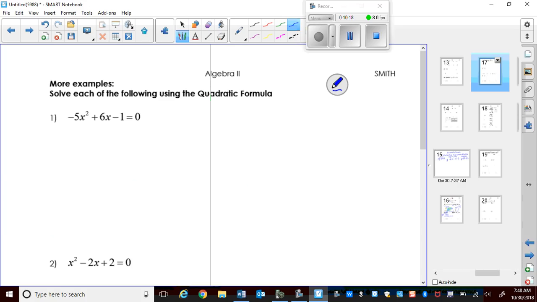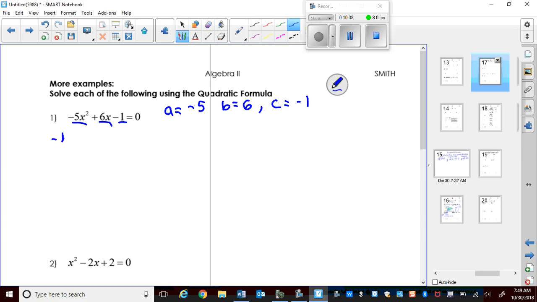Now, for the next problem, we have negative 5x squared plus 6x minus 1. Just going to write out my coefficients here. Everything is in standard form. So a equals negative 5, b equals 6, c equals negative 1.